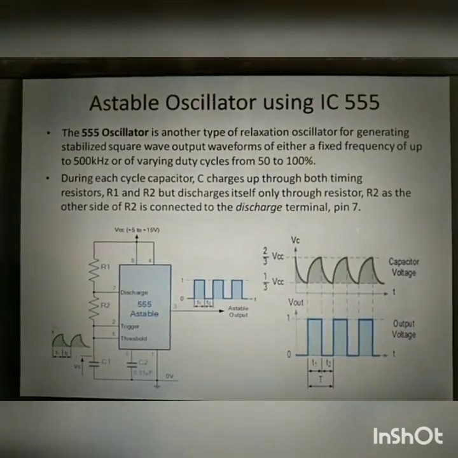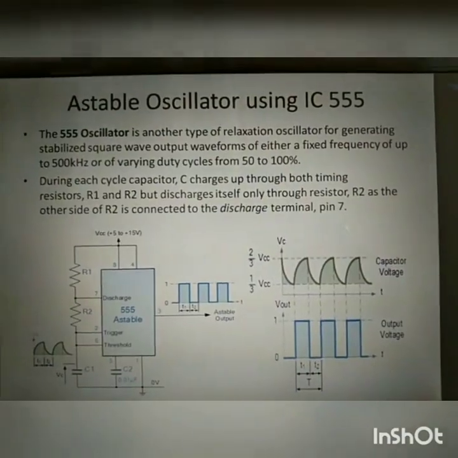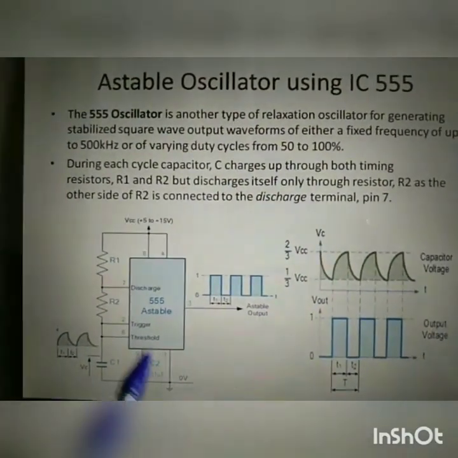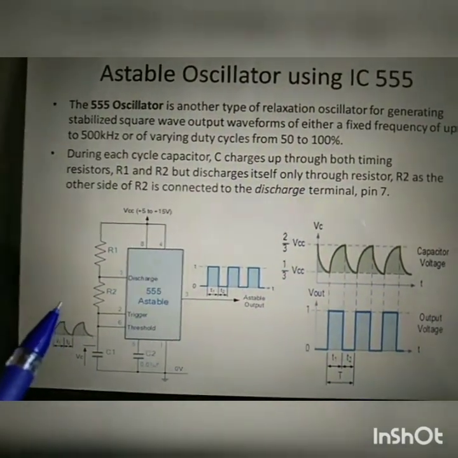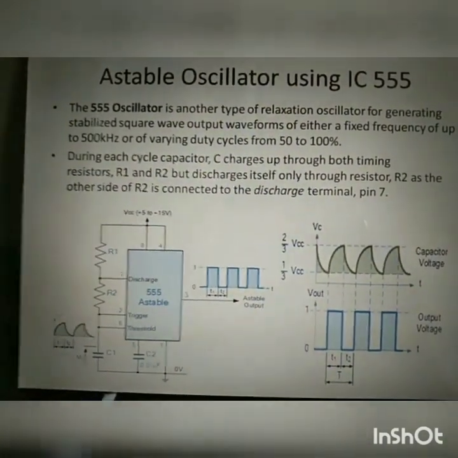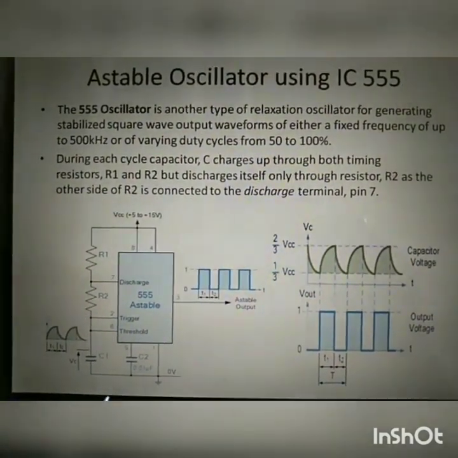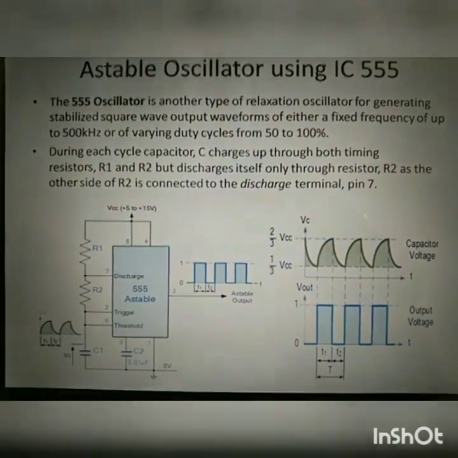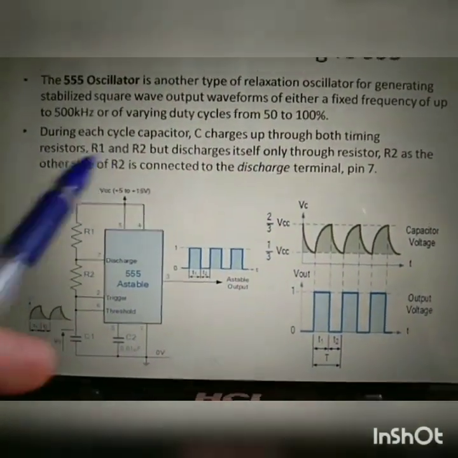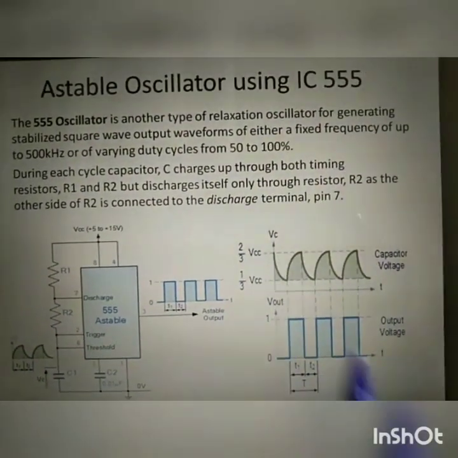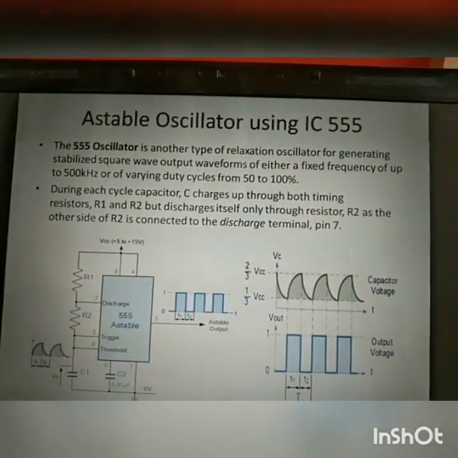During each cycle, capacitor C charges up through both timing resistors R1 and R2, but discharges itself only through resistor R2, as the other side of R2 is connected to the discharge terminal, pin number 7. Two resistors R1 and R2 are used for the charging and discharging periods. The two waveforms are the capacitor voltage and the output voltage.